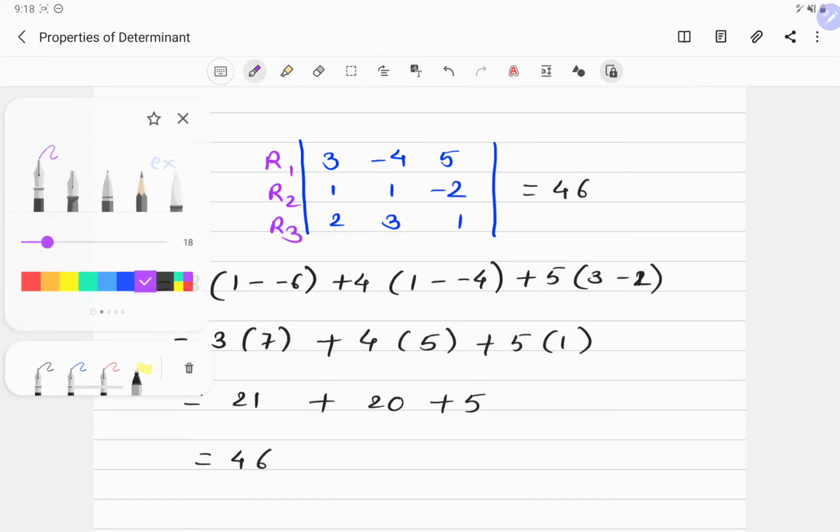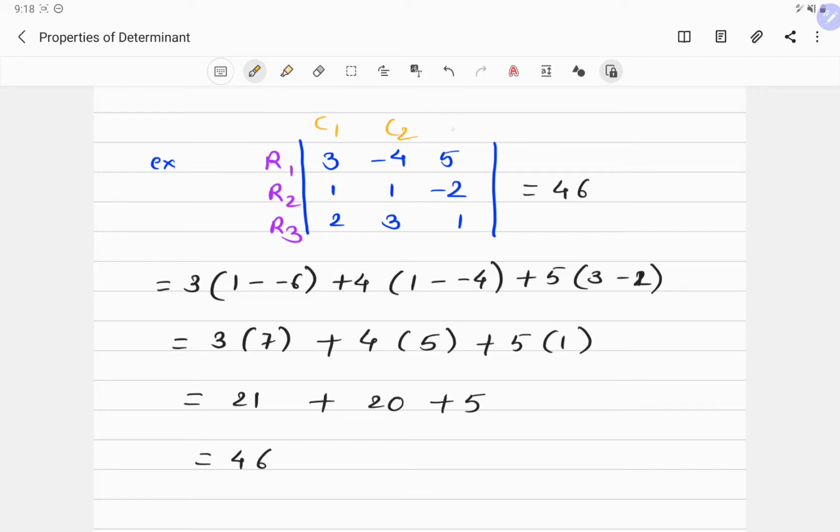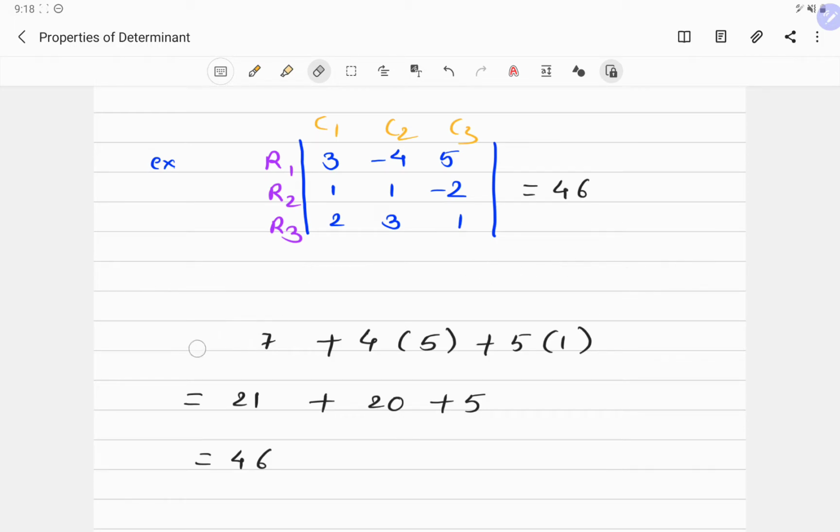Now I am marking these columns also. The columns are C1, C2, C3. Elements under column 1 are 3, 1, 2. Elements under column 2 are minus 4, 1, 3. And elements under column 3 are 5, minus 2, 1. Here I am removing this because we know the value of the determinant now.